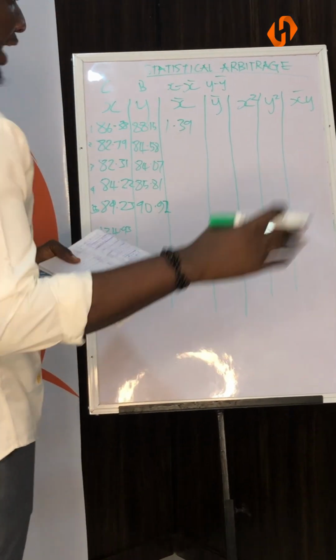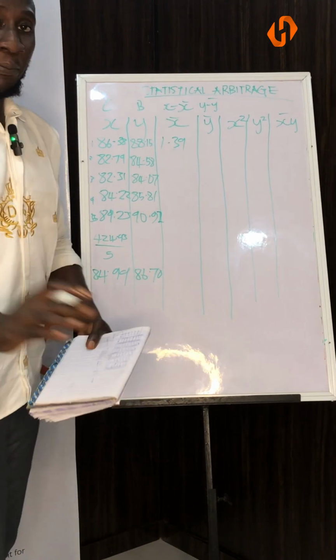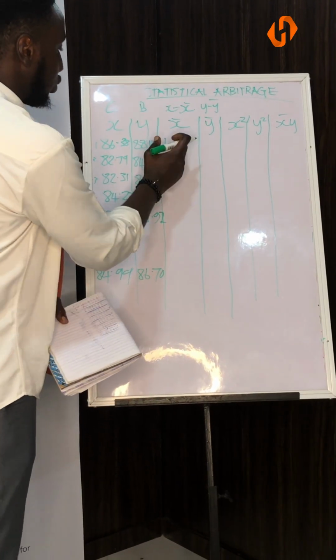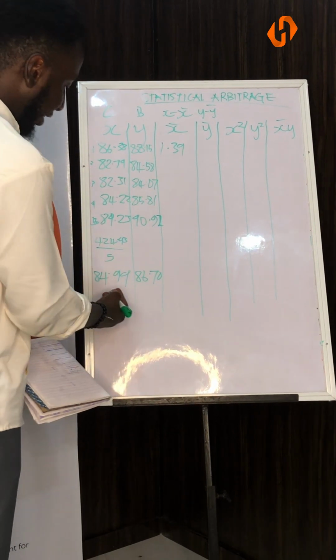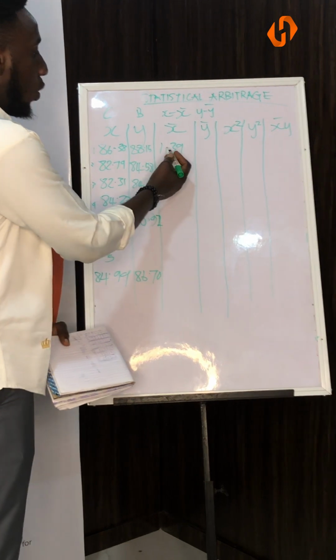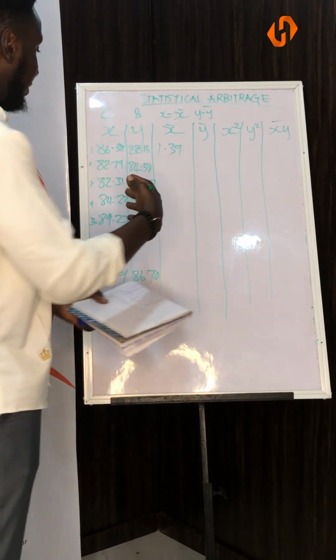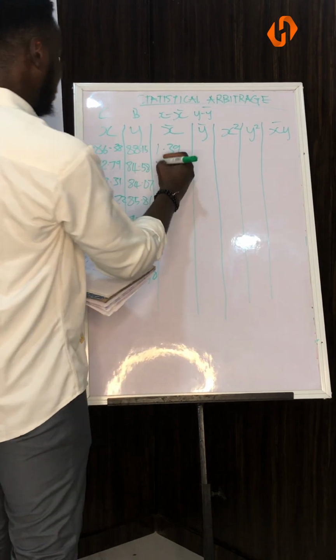I've already calculated this and I'm just going to input the figures, but I showed you how to calculate the first one: 86.38 minus 84.99 gives 1.39. We calculate the same thing across the board for all these figures.